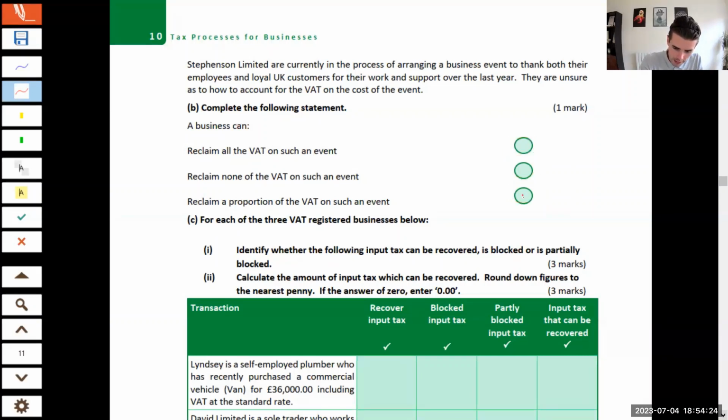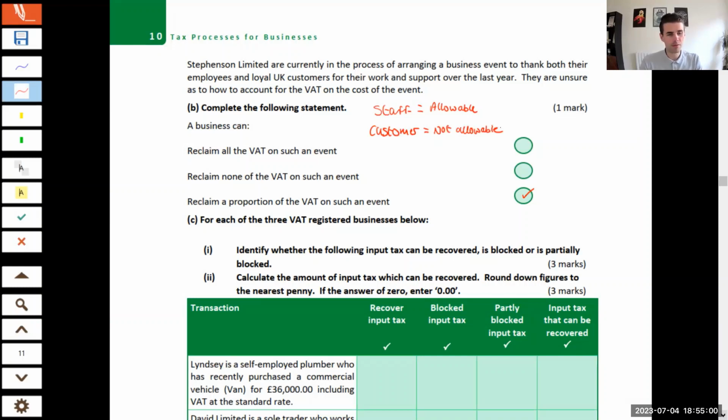Because the rule states that I am able to reclaim any amounts on staff, I'm not allowed to reclaim any amounts from customers, okay? Just make sure you're aware of that.